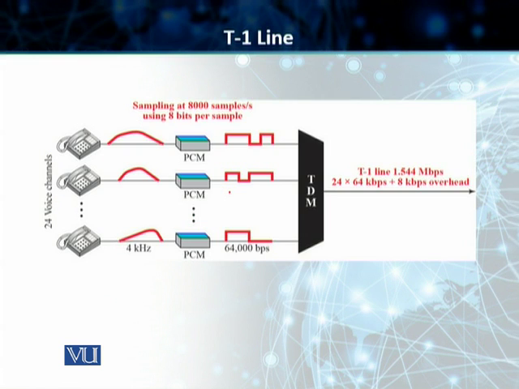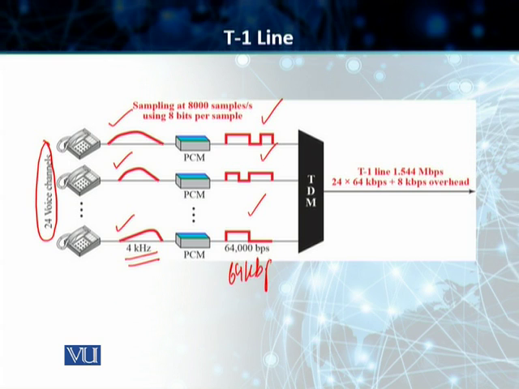Students, one last concept. We can also use the T1 line for analog transmission. In this case, as you can see, we have got 24 voice channels, and we have got analog signals for each one of those channels, 4 kilohertz each. We use pulse code modulation, 8 bits per sample, to convert them into the digital signal, a 64 kilobits per second digital signal.